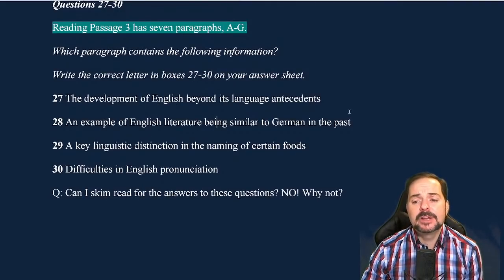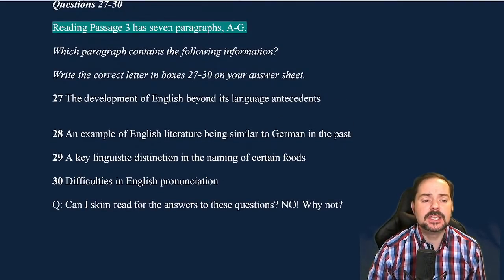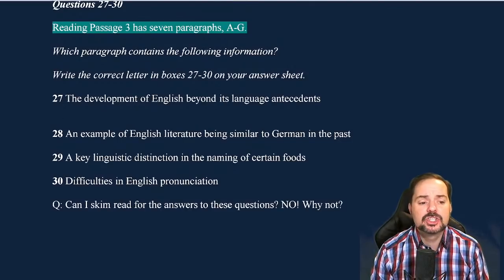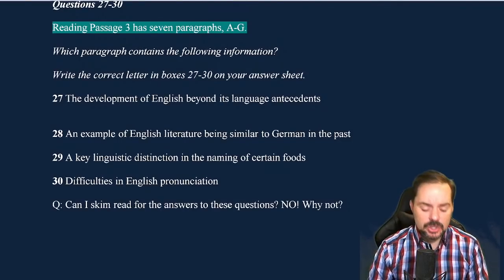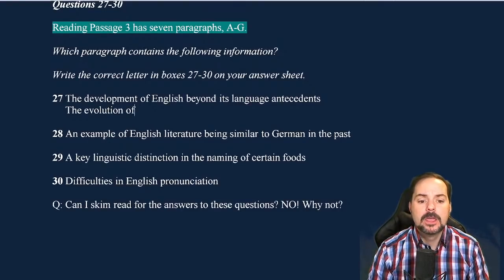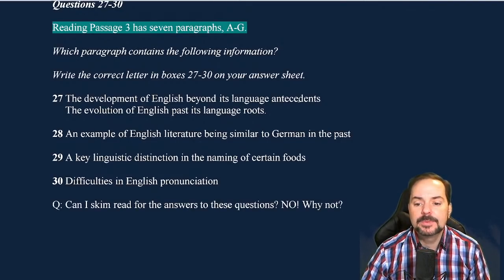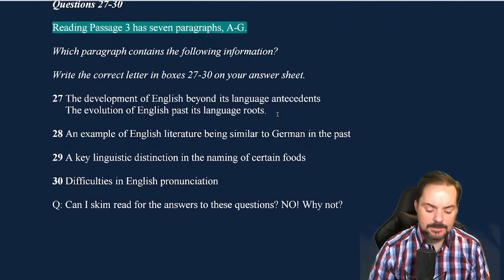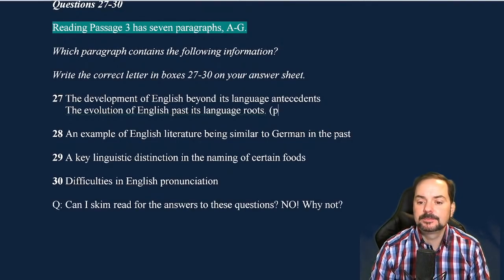The other is paraphrasing, right? So you might not actually see this kind of question in the passage. So you might see something like the evolution of English past its language roots. Okay, so this is a paraphrase. All right.